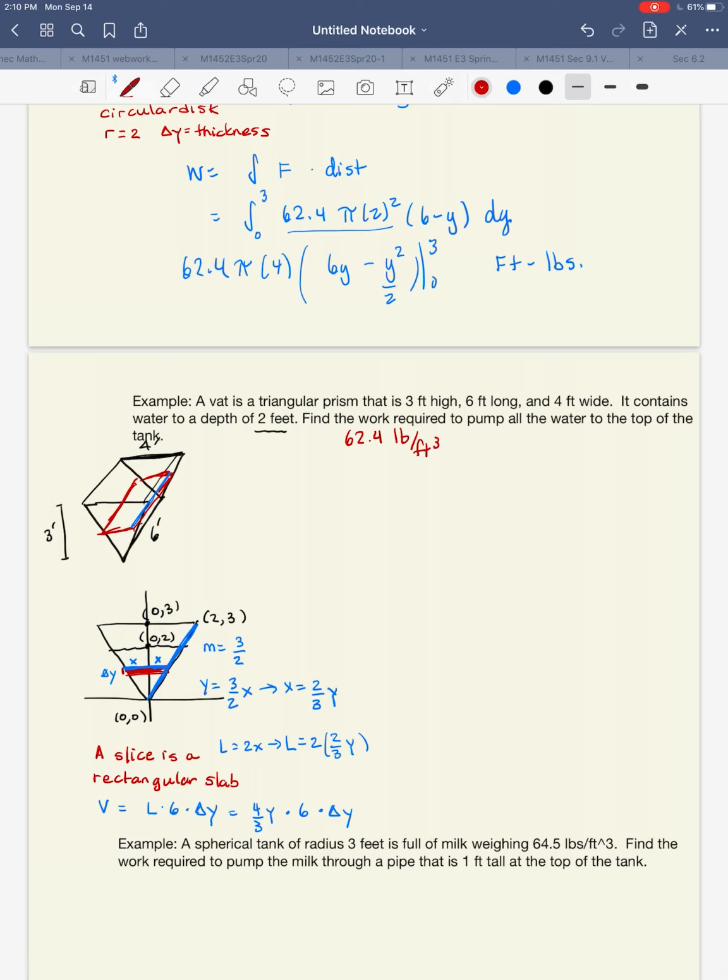Now we need distance. It's placed here at some random y coordinate, and we need to pump it to a height of 3. So like before, the distance that it moves is 3 minus y feet.